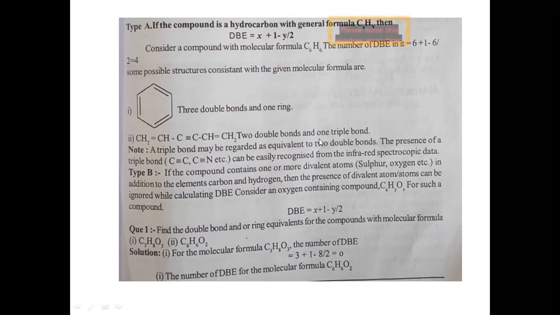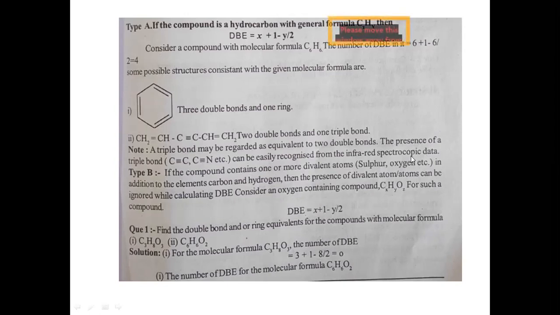Now, how to identify that triple bond? A triple bond may be regarded as equivalent to 2 double bonds. The presence of a C triple bond, such as a cyanide or alkyne, may be easily recognized by infrared spectroscopy.